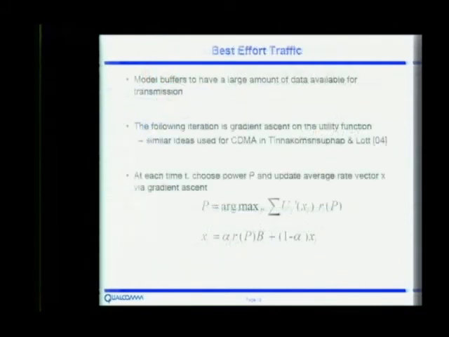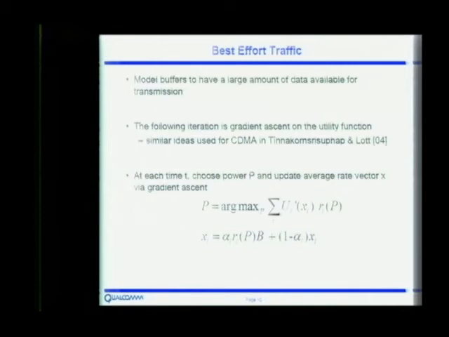So for best effort traffic, we can look at a gradient ascent equation. This is not the optimal way, and the computation is actually pretty complex, but this will motivate some of the algorithms to look at later. So let's not worry about the complexity, since this will motivate some algorithms.